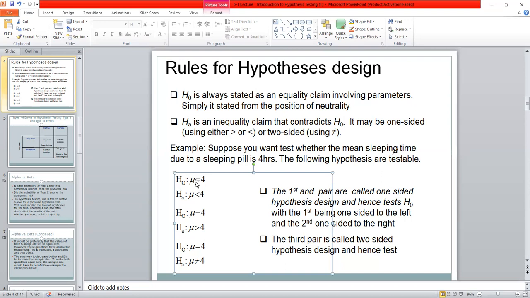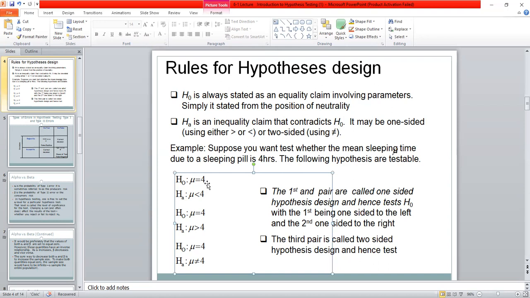So type 1 error is sometimes called the producer's risk. Is the risk to the producer? Is the producer who will suffer? Whichever circumstance, when you commit type 1 error, it will be the producer's risk. While when you commit type 2 error, you are accepting a false null, meaning that you are accepting the manufacturer's claim of 4 hours, and it is false.